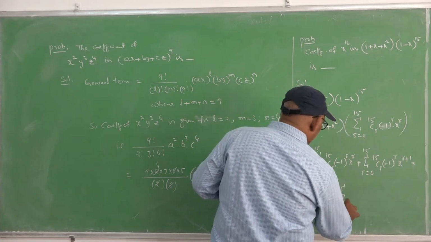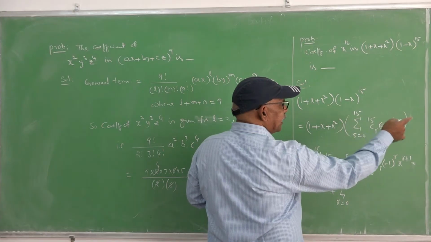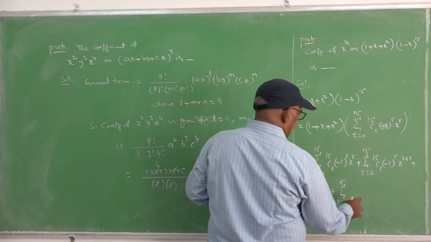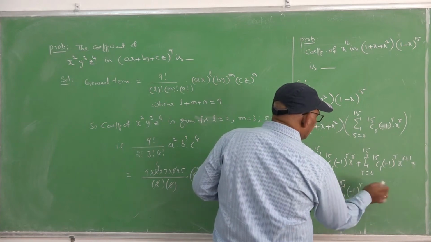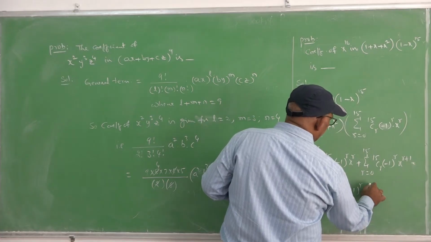Similarly, from r equal to 0 to 15, the number of terms does not change by multiplying each and every term with x square or x. So the number of terms are same. Minus 1 whole power r is also same. x square into x power r is nothing but x power r plus 2.